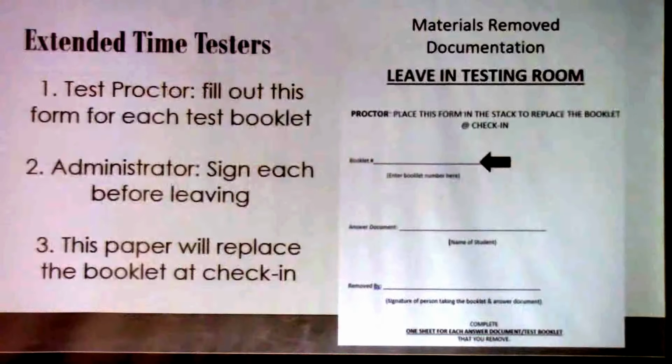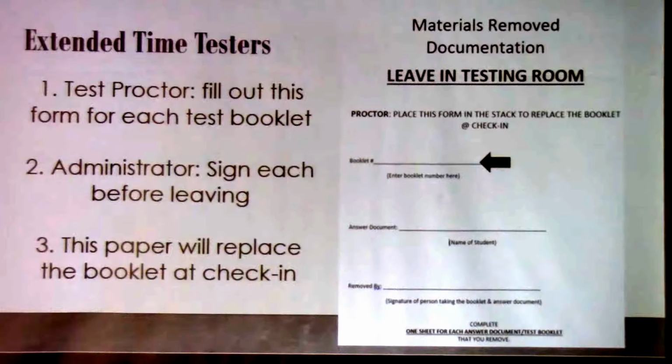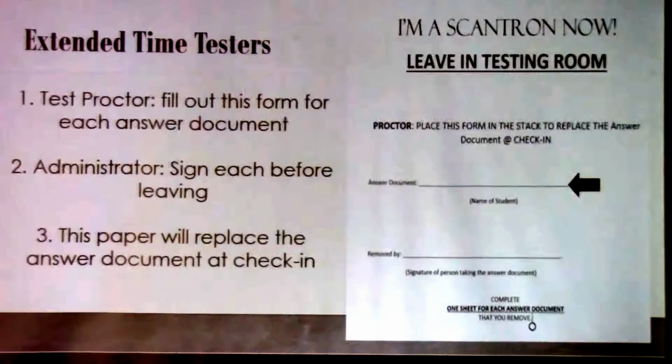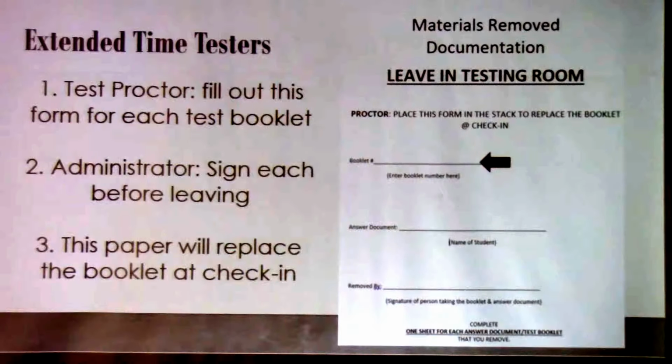Okay. So, this is going to stay in the room though. So, after you figure out the 5 people who are leaving, you do the first one to fill out to tell the person, these are all the kids that are going with you. Then you go back to fill out one of these. There's one for the test book. There's one for the Scantron. This comes with you to testing once you put everything in order.